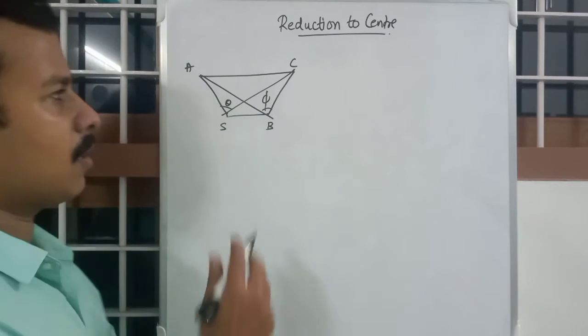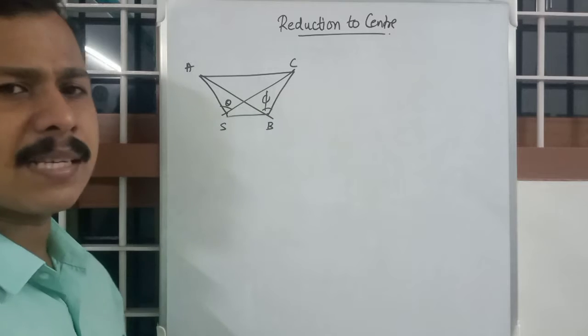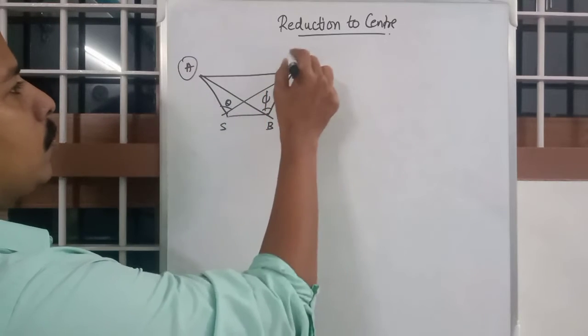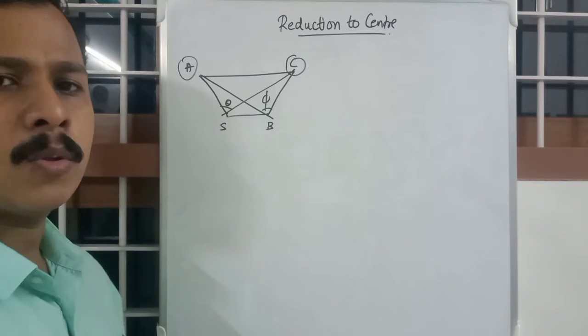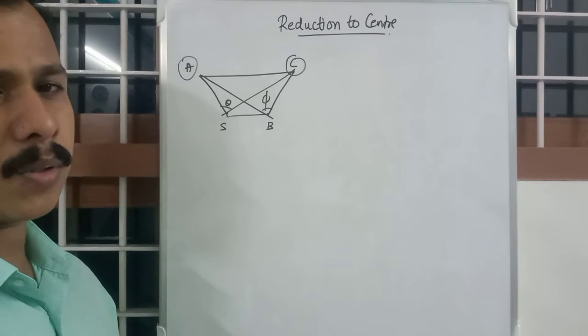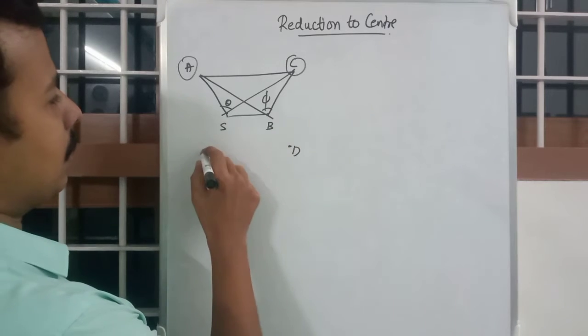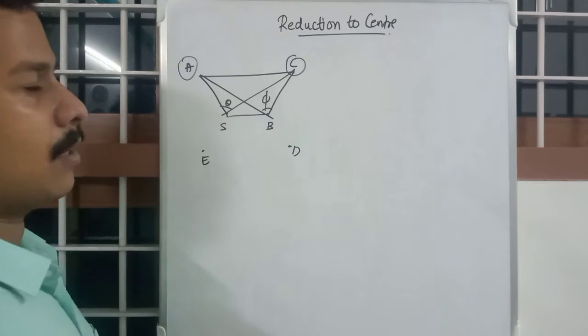So suppose instead of this system of angle making we have more than two or three angles or stations, external stations, for example D in here, E in here, okay.